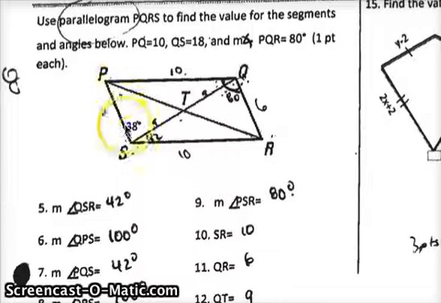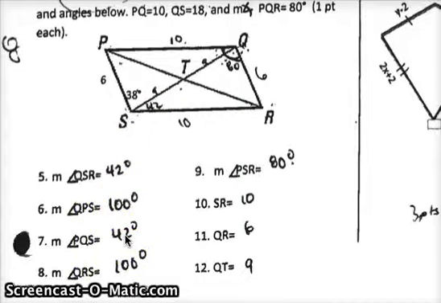Consecutive interior angles of a parallelogram are supplementary. Question number 7, PQS. So that little angle up here is going to be 42 degrees. Parallel lines cut by a transversal: alternate interior angles are congruent. That was actually on your quiz.